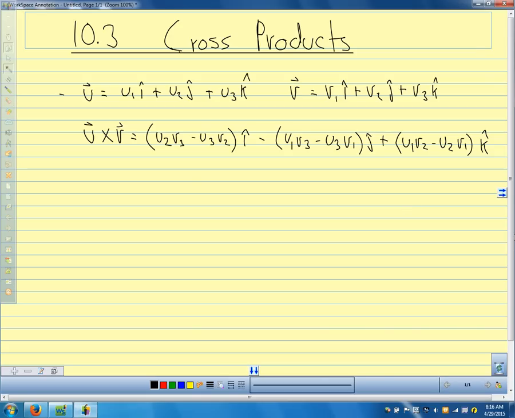So this is our cross product, this long kind of complicated looking thing. Well, we have a really nice way to calculate the cross product. What we do is we find the determinant of this 3 by 3 matrix.